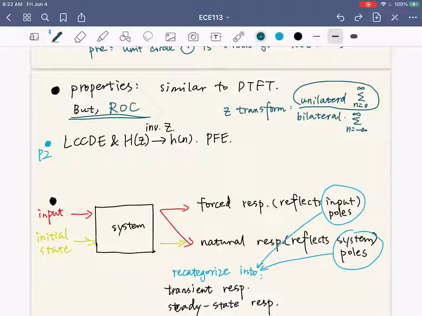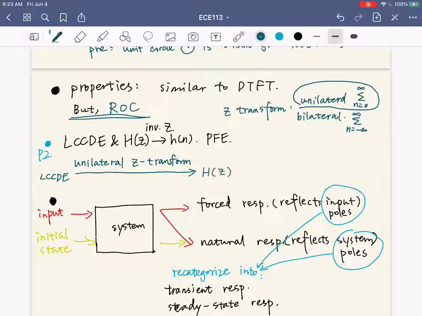So initial conditions combined with a differential equation is the most common form that we see to describe an LTI system, right? So to tackle the initial conditions, we have to use the unilateral Z transform, okay? So our LCCDE should go through the unilateral Z transform to include our initial conditions, okay?